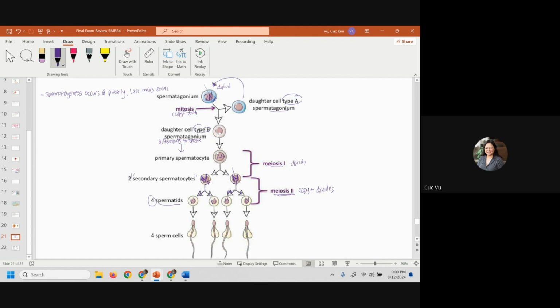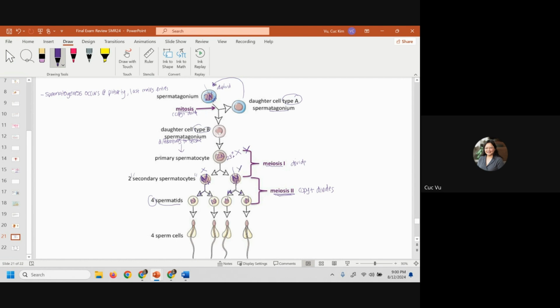Okay. So let's say, for example, that this primary spermatocyte has to have what on the 23rd chromosome? An X and a Y. So when it divides, this one right here is going to have one of them, and this one over here is going to have the other.